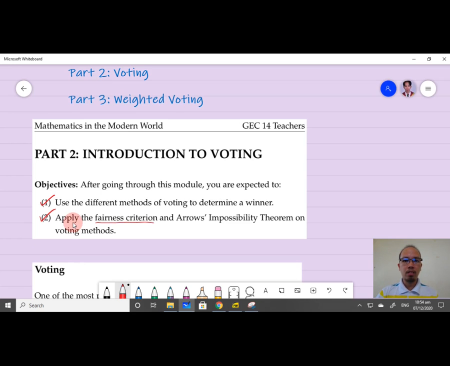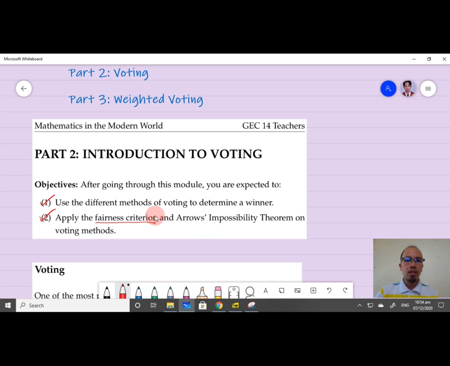Similar to the topic that we discussed about apportionment, we also have a theorem here, which is what we call the Arrow's impossibility theorem. In apportionment, we call this the Balinski-Young impossibility theorem.